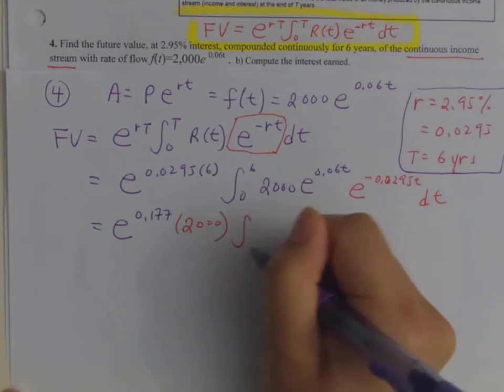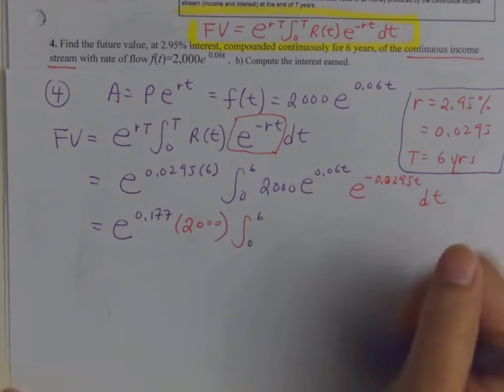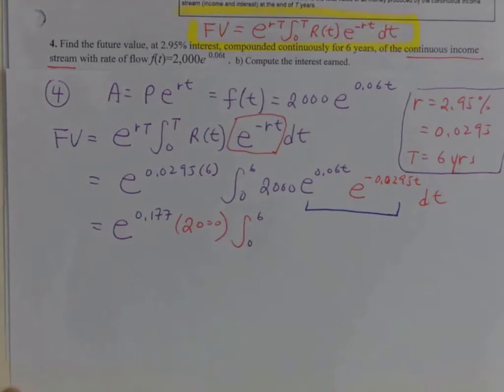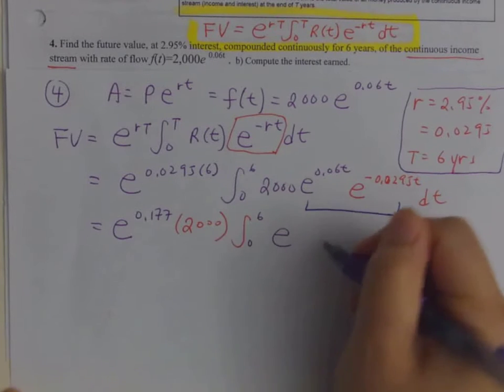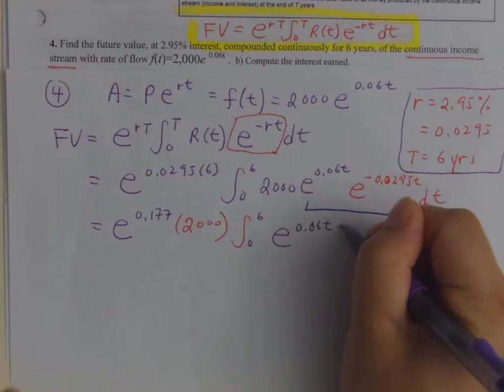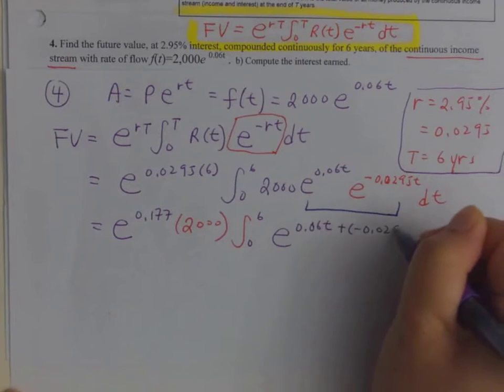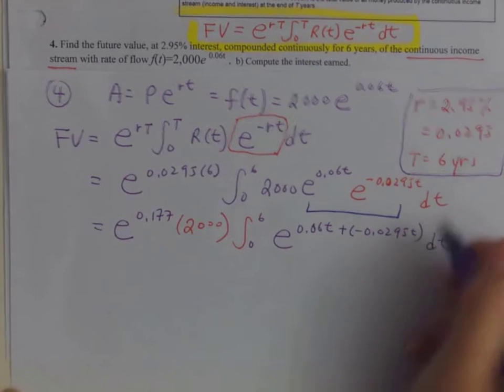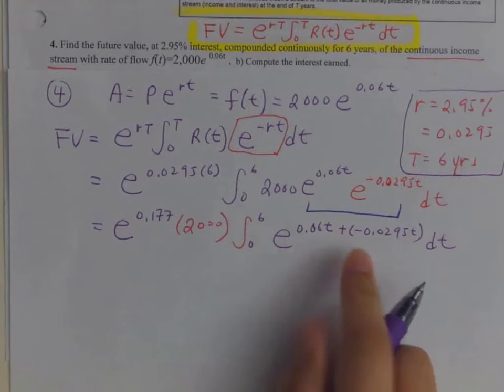And the other thing is, if you have the same base multiplying, then you can add those exponents. So we're going to have e^(0.06 t) adding a negative 0.0295 t, dt. Basically it means subtract.